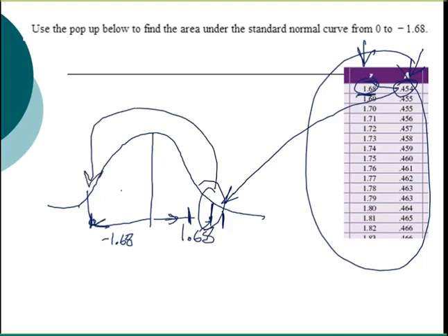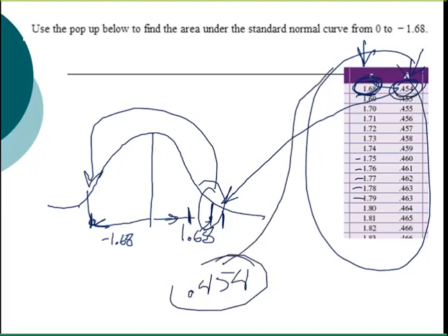So your job is to say that if I put negatives on all these, the answers will be the same. So here 1.68 is what I identify as my z-score. This is my answer, it's 0.454. So all I have to do is identify from the table the area under the curve at a negative 1.68 z-score.